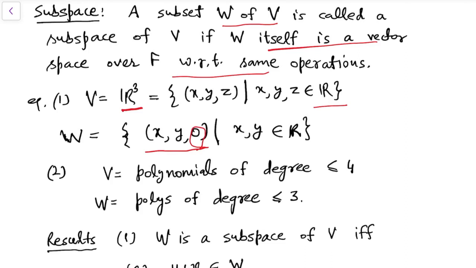So W is a subspace of V. If we take V, the vector space of polynomials of degree less than or equal to 4, then the set of all polynomials of degree less than or equal to 3 is a subset of V, and it's a vector space with respect to the same operations. So W is also a subspace of V.